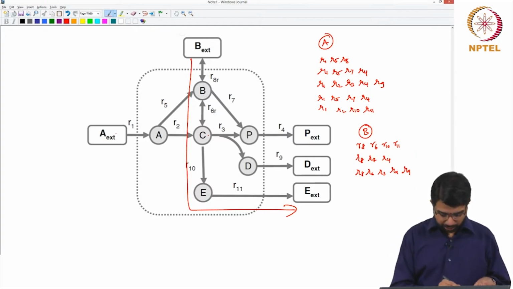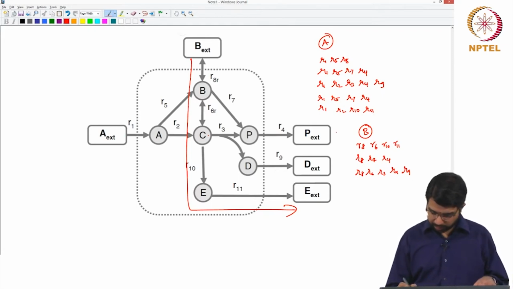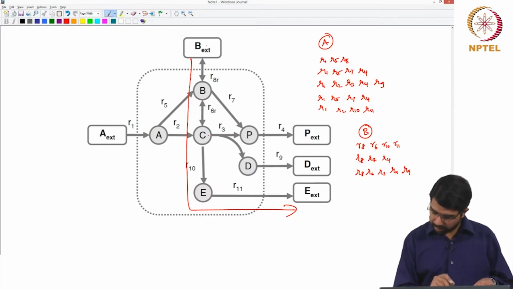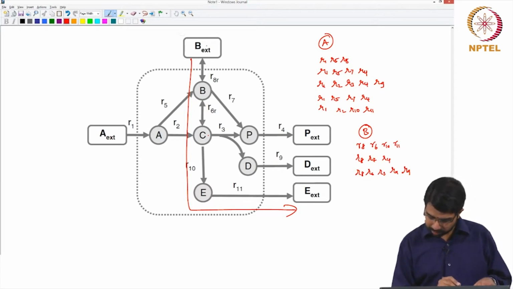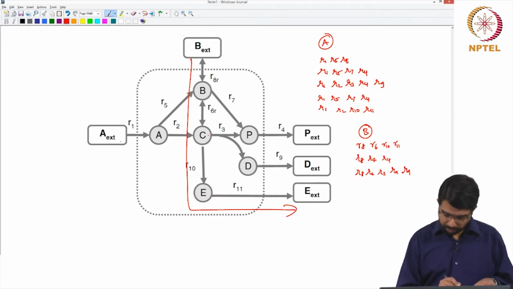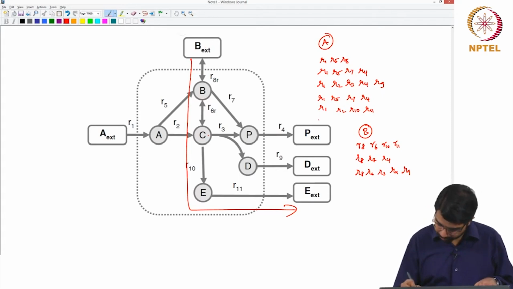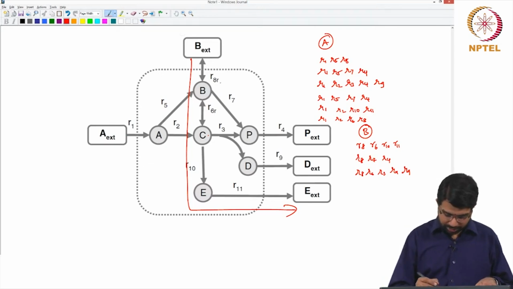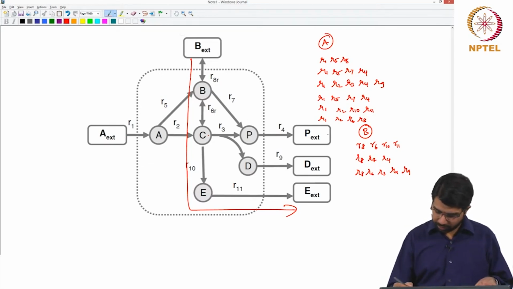You can have R1 to R3, R4, that is taken care of, which also includes R9, or you can have R6, R8. No. R1, R2, R6, R8. Right. And you can have R1, R2, R6, R7, R4.